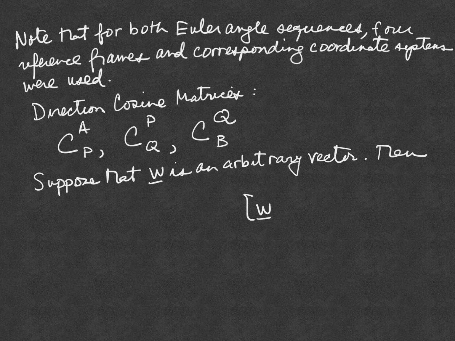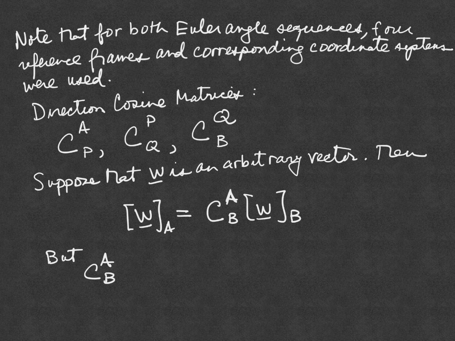If I have W expressed in B, so it's expressed in body fixed coordinates, I can express that vector W in the base reference coordinates, or the coordinates fixed in the base reference frame, using the transformation from B to A. But the transformation from B to A is equal to the transformation from P to A times the transformation from Q to P times the transformation from B to Q.